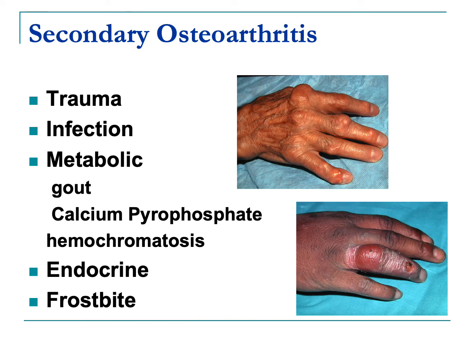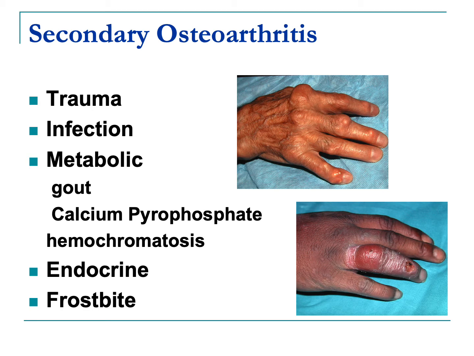Secondary osteoarthritis is the type in which there is some underlying cause. These can be fractures, especially affecting the distal radius, infection, and metabolic diseases, especially things such as gout, calcium pyrophosphate, which is called pseudogout, and hemochromatosis, especially those that affect the MP joints of the fingers.